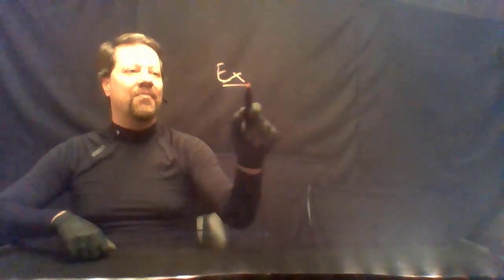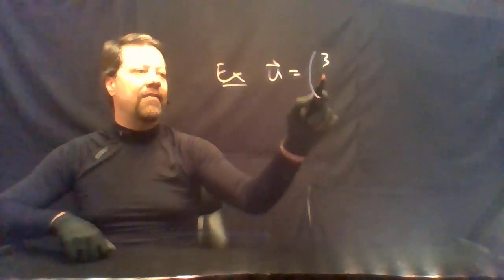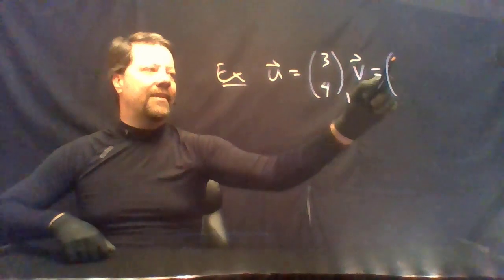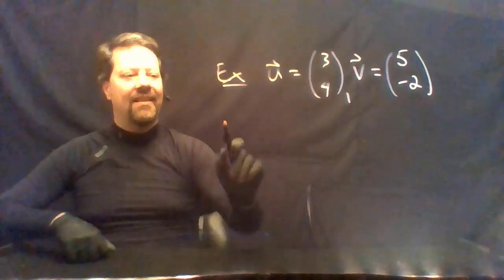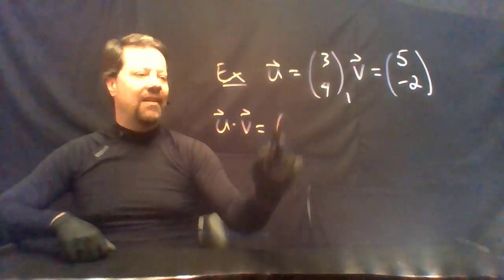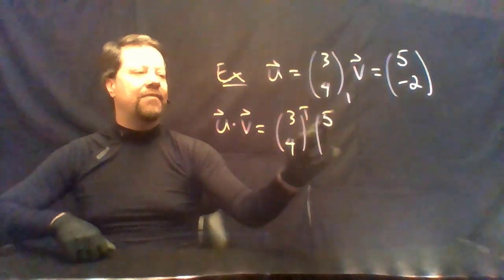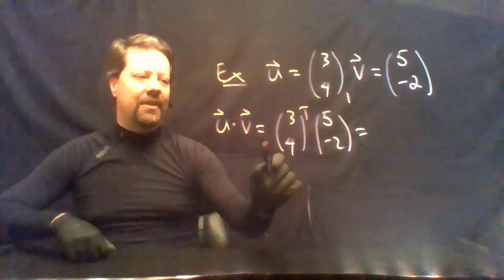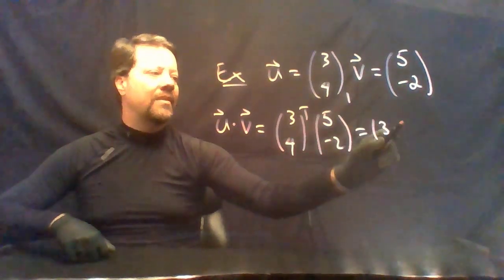So, for example, suppose my vector u is the vector, say, 3, 4, and v is the vector 5, negative 2. Then u dot v is 3, 4 transpose times the vector 5, negative 2. When you take the transpose of a 2 by 1, you end up with a 1 by 2.